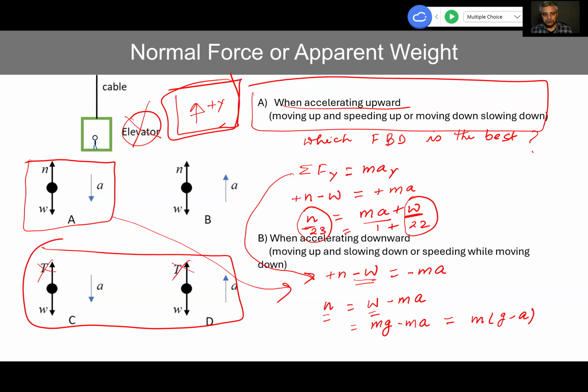So now, when A is equal to zero, what is normal force according to this equation? Can you answer that? When A is exactly equal to zero, what is the normal force? Can we figure out normal force in that case? That means the apparent weight of the person.